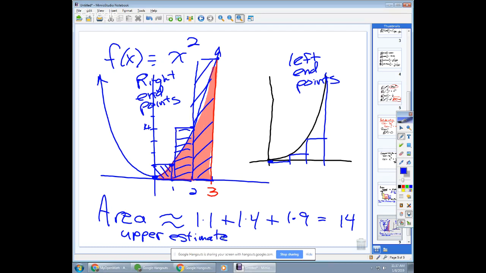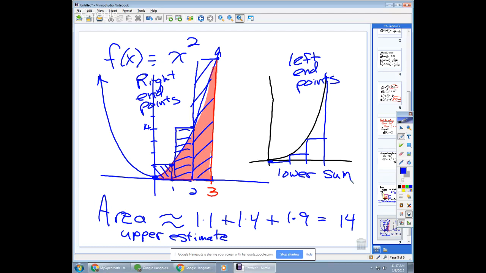And guess what the left endpoint would be called then? Oh, lower sum or lower estimate. Sometimes in the homework problems, they'll say, approximate this area using left endpoints. Sometimes it'll say using right endpoints. Sometimes it'll say upper sum or lower sum, in which case you have to make some decisions as you go to try and solve the problem.